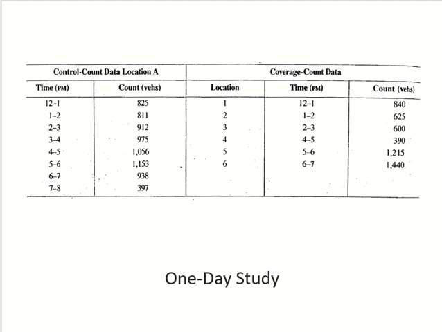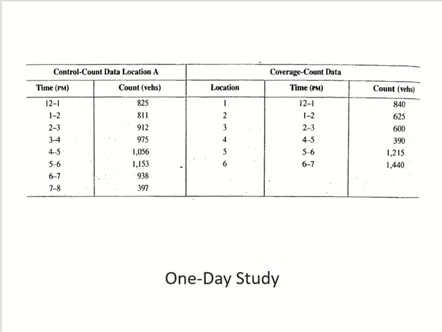Okay, we did this example, and you can see in this example we invested 1 day. One team was on the control, the other team was running around the other 6 locations. The study was finished in 1 day, 8 hours. All the locations are covered, then we did some calculations.